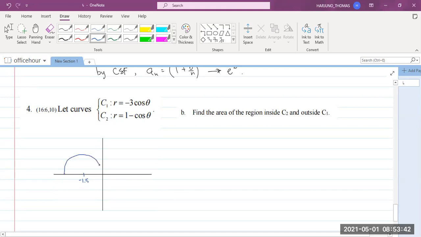So that's the circle. And then C2 is, so it looks like this. No, it's way too big. It's only 1. So it looks like this.